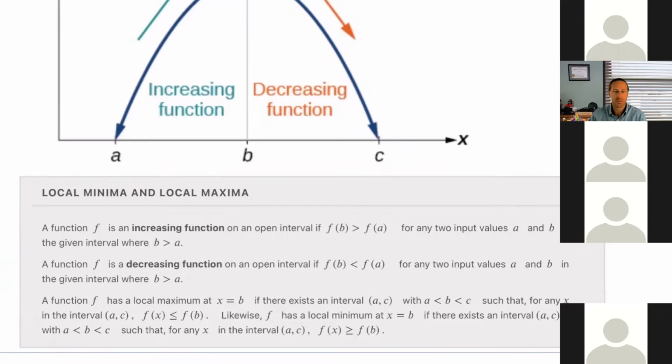So you can read through those if you'd like, and how we figure out whether it's an increasing or decreasing function. And we can find those maxes and mins locally by comparing our y values at certain x's.